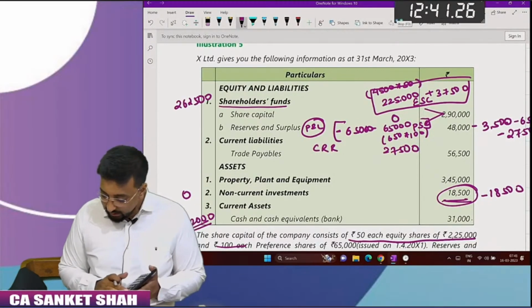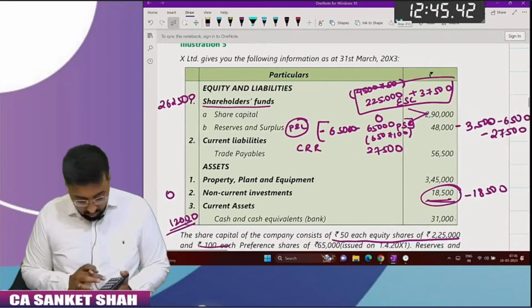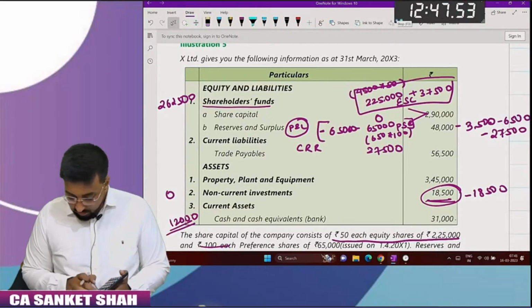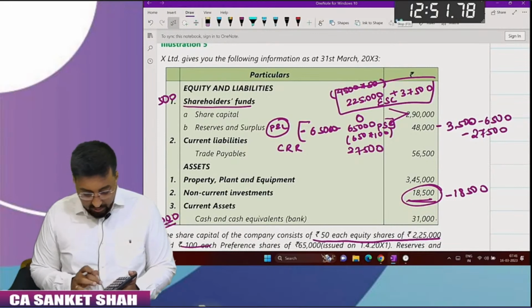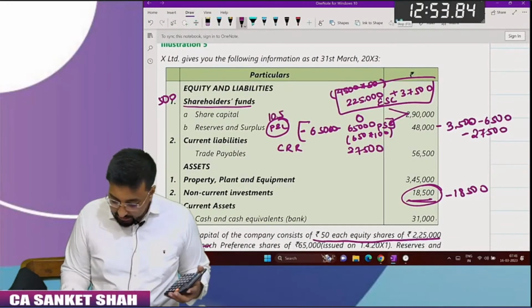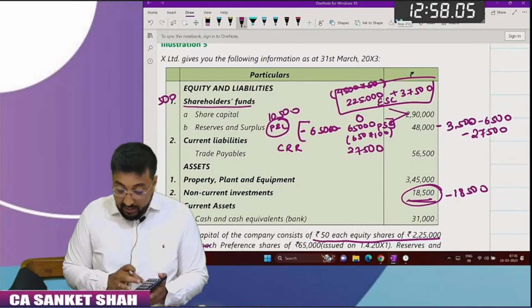What is CRR? P&L balance will be 48,000 minus 3,500 minus 6,500 minus 27,500. So P&L balance is 10,500. And what is CRR balance? 27,500. So this is updation of your balance sheet.